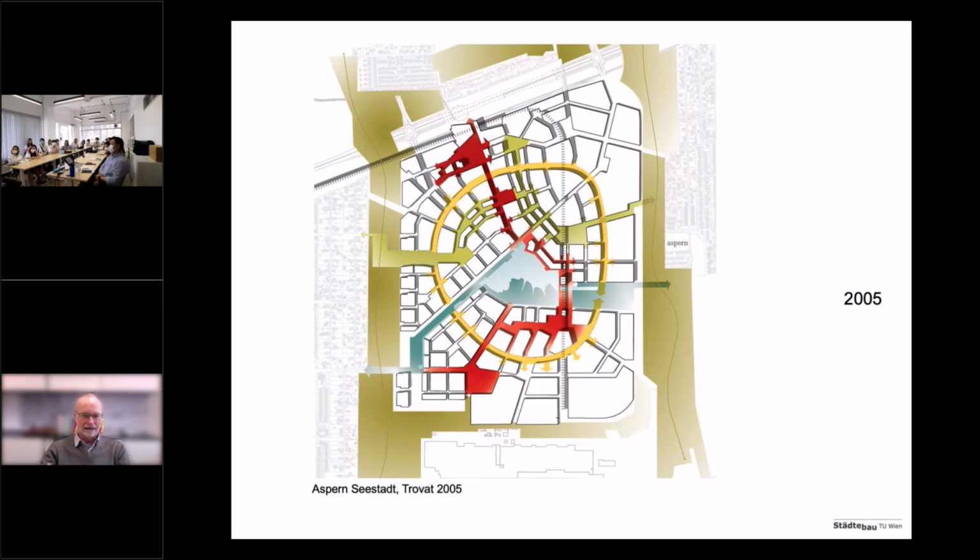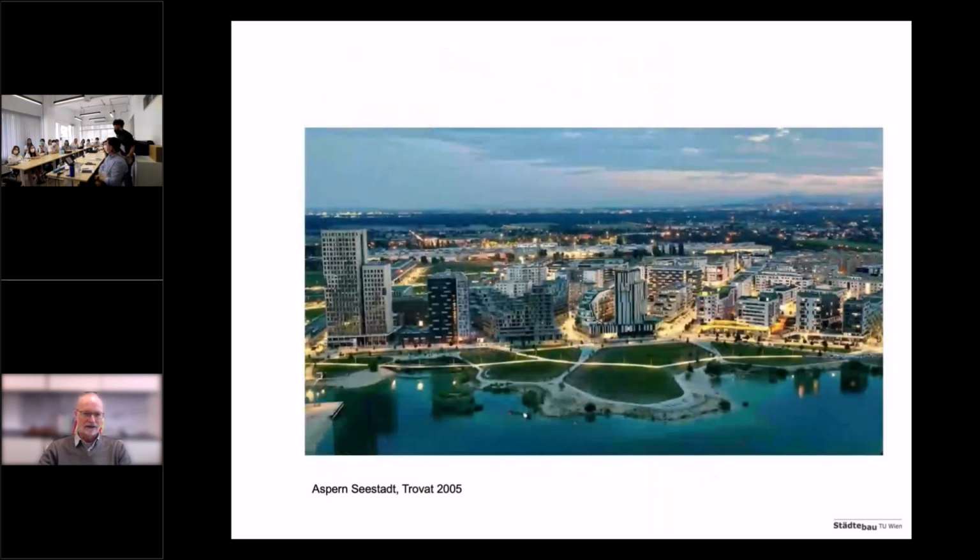So they provided the infrastructure and then they started developing the area, which is very unusual, but it was a very successful approach. So nowadays it's called Seestadt because of the small artificial lake you see here in the picture in front. Seestadt became, I think, a quite successful development in the northern part of the city.